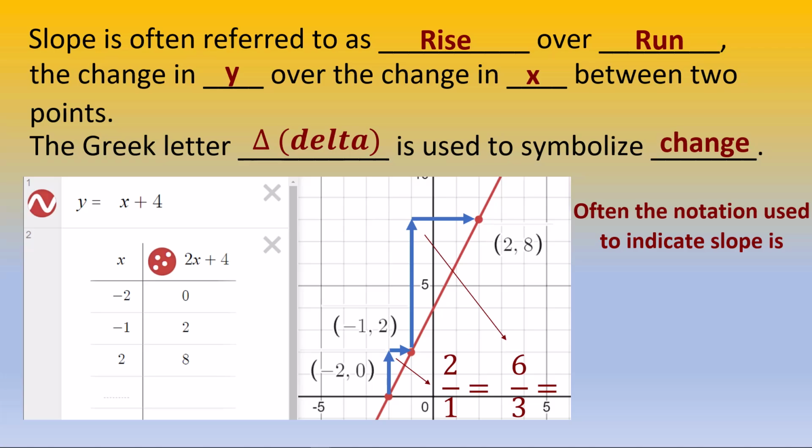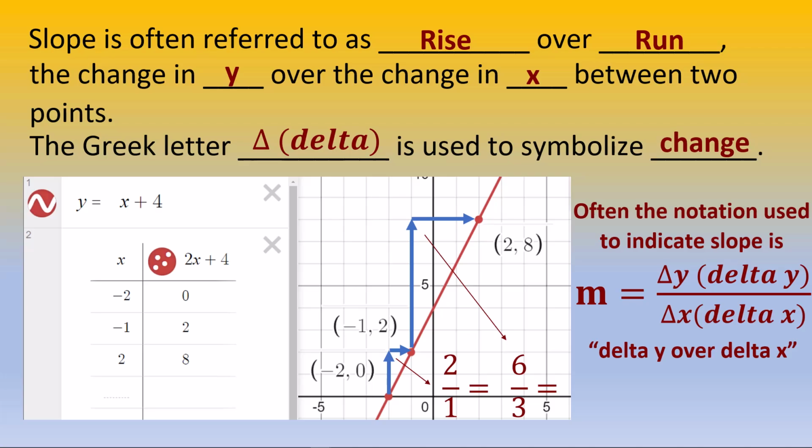Often the notation used to indicate slope is m equals delta y over delta x, with the variable m used to indicate slope. And so the slope of this line is 2, which is shown in the equation as the coefficient of the variable x in the slope-intercept form we already studied in earlier lessons.